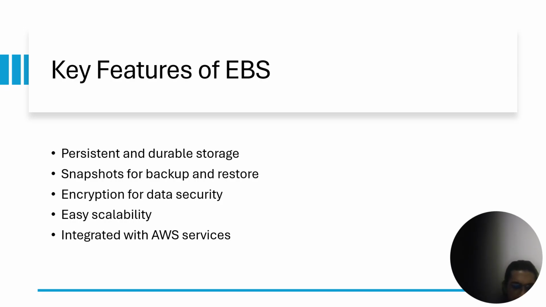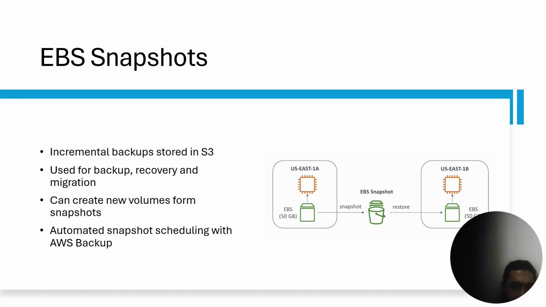EBS supports encryption to protect your data both in transit and at rest. And finally, it integrates seamlessly with other AWS services, making it easier to scale and manage your infrastructure. Okay, these are the features of EBS.